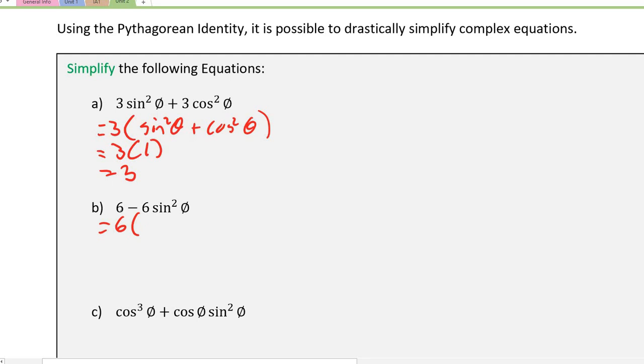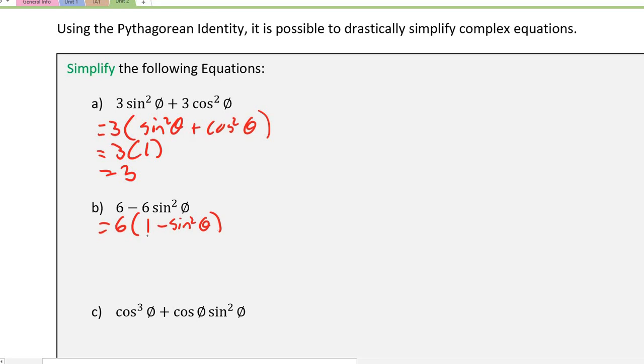When you factorize 6 away from 6, what's left over? 1. Because it's what do you multiply by 6 to get 6? 1. Then when I factorize 6 from negative sine squared theta, you're just left with the sine squared, or the negative sine squared.